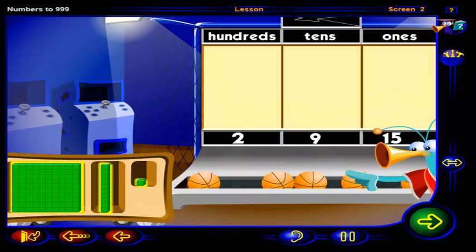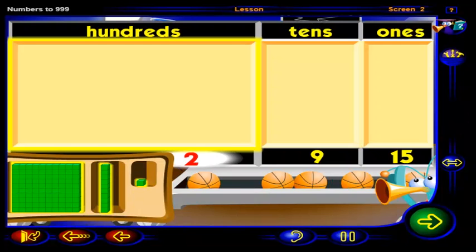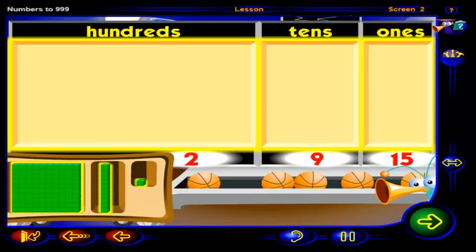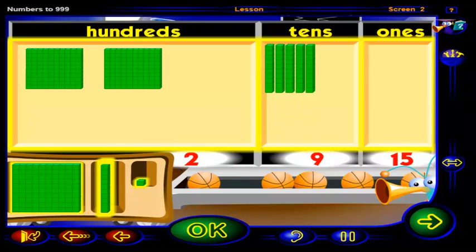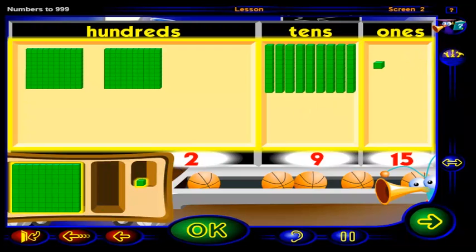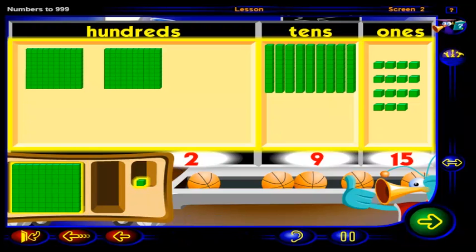Drag blocks to show the number of hundreds, tens, and ones in each place. When you're done, click OK. That's it.